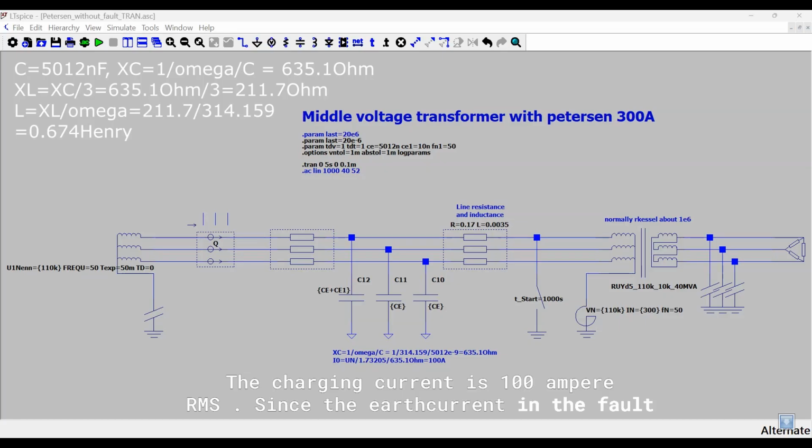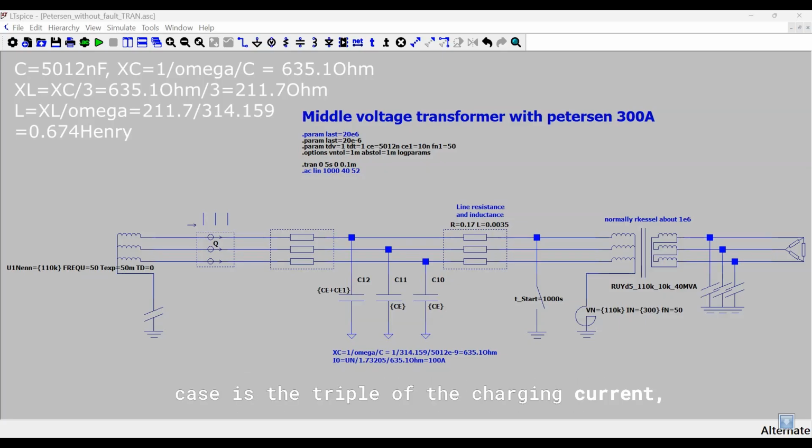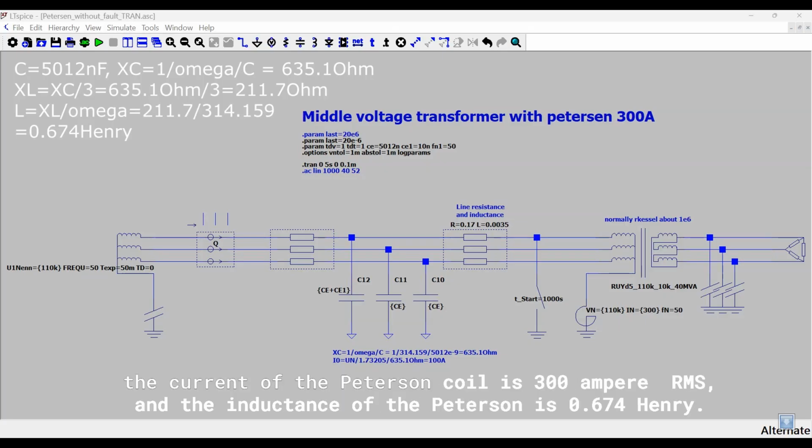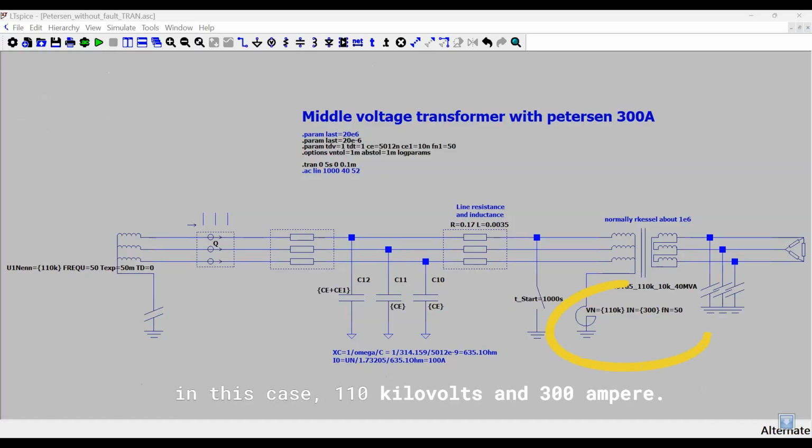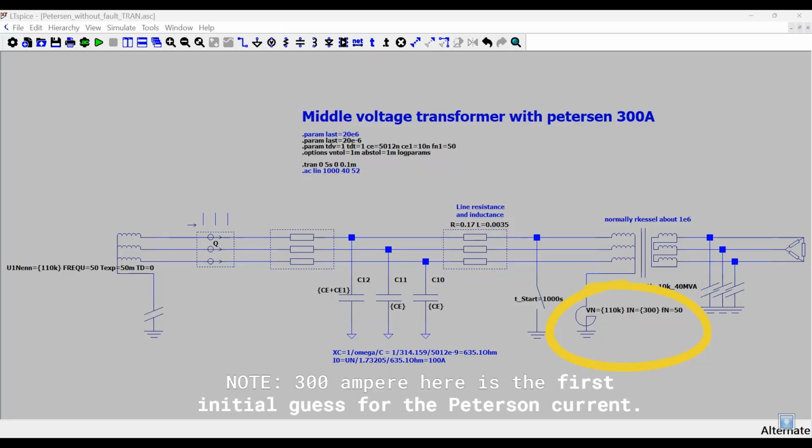Since the earth current in the fault case is the triple of the charging current, the current of the Petersen coil is 300 ampere RMS, and the inductance of the Petersen is now 0.674 Henry. At the network element Petersen, you can directly input nominal voltage and nominal current, in this case 110 kilovolts and 300 ampere. Note, 300 ampere is the first initial guess for the Petersen current.